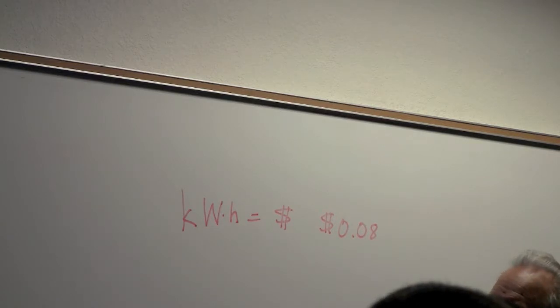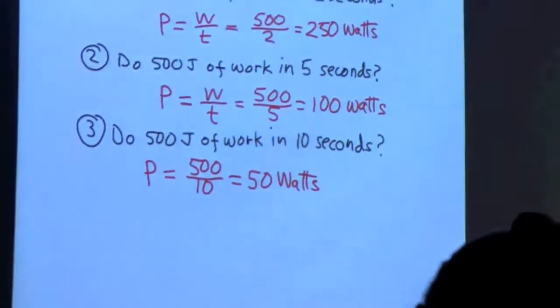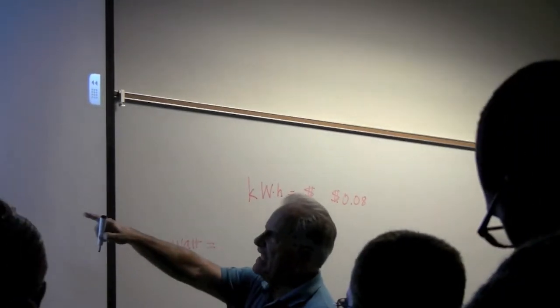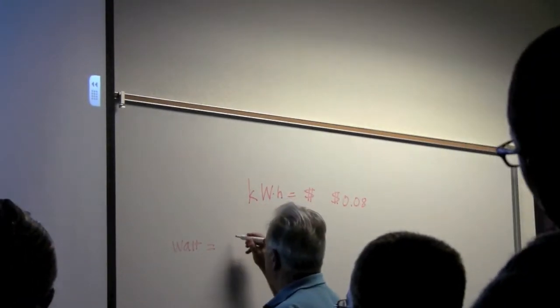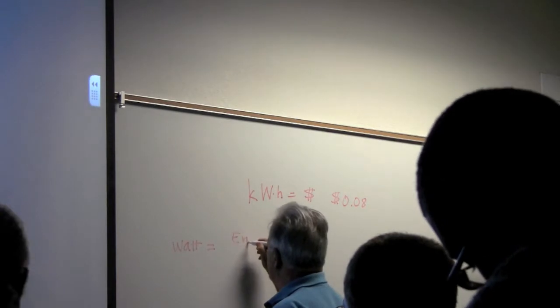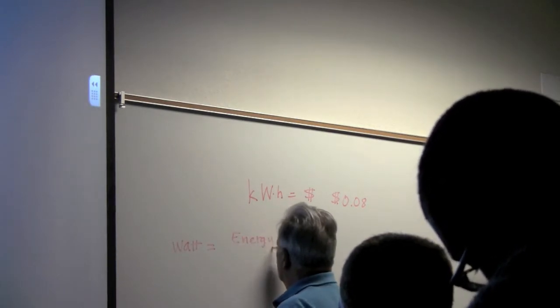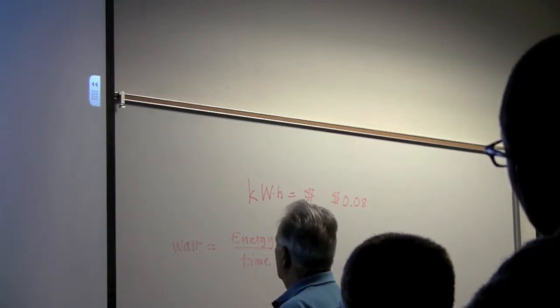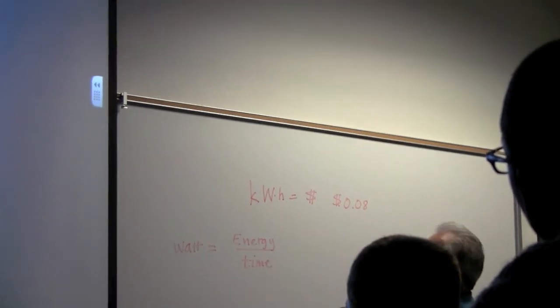But now I want you to notice something here. Look at the units of power. You see, the power we said was the watt, right? And the watt is going to be equal to the energy divided by the time. That's not what this tells me.